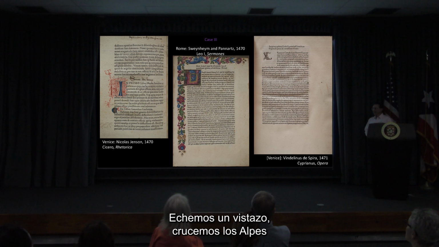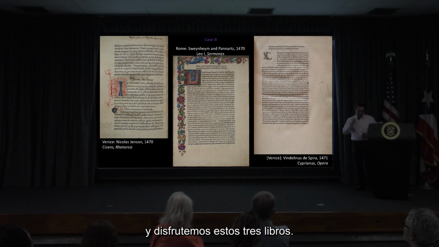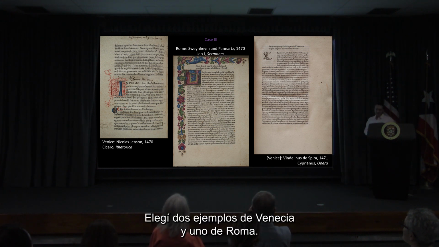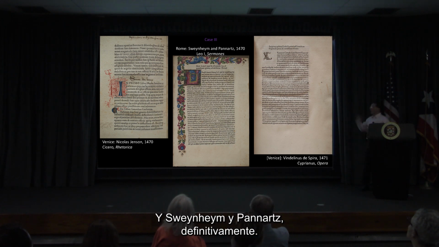Let's take a look. Let's cross the Alps, go to the next vitrine, and enjoy the 3 books here. I chose 2 examples from Venice and 1 from Rome. So a Jenson, of course, very famous name. Sweynheym and Pannartz, absolutely.